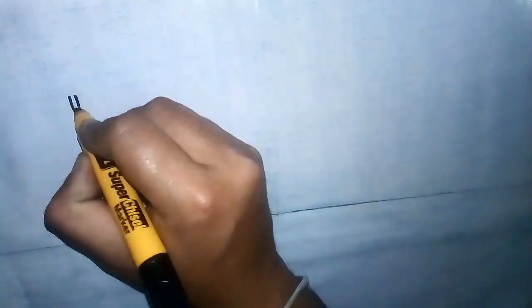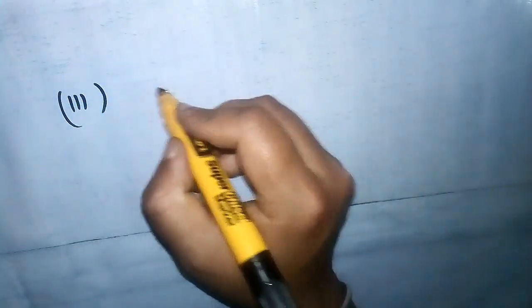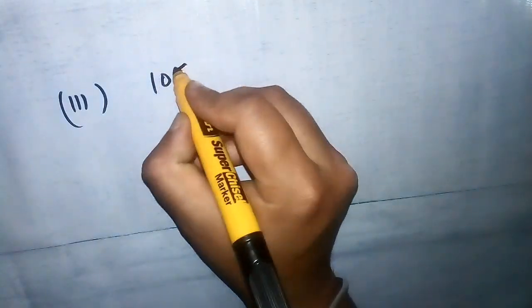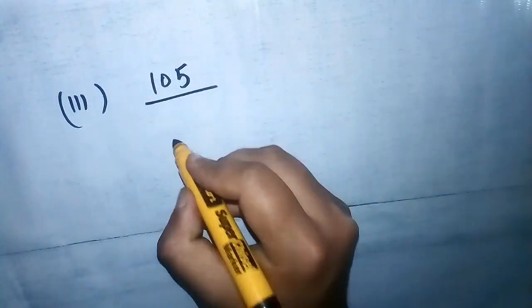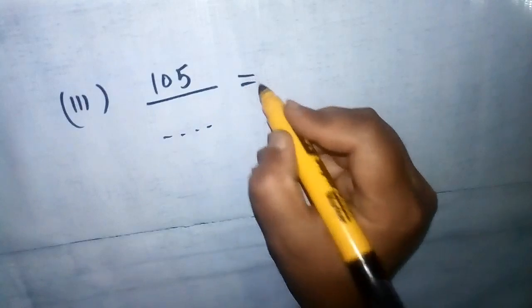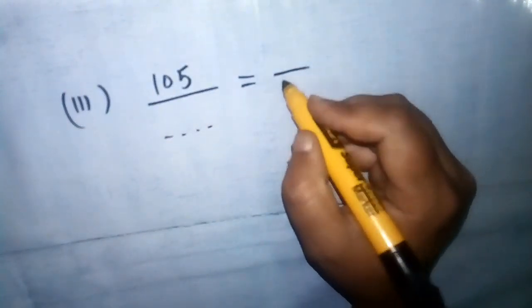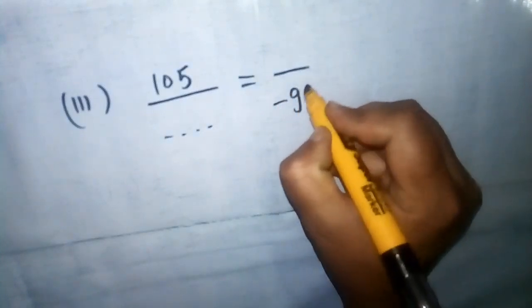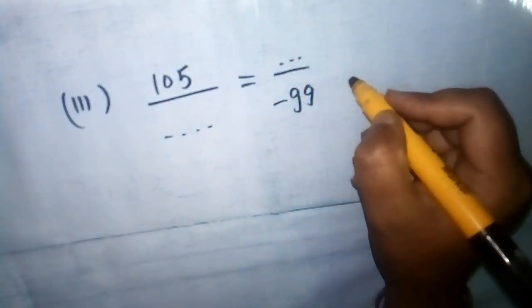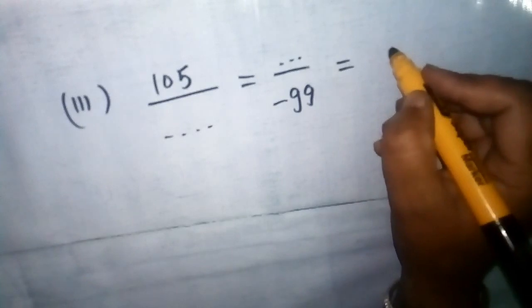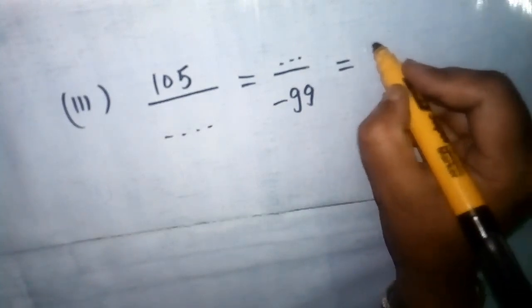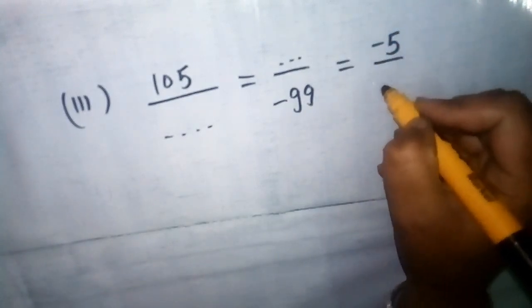Now let us see one more part of this, that is the third part, and it equals to 105 upon blank equals to blank upon minus 99, blank is in the numerator, equals to minus 5 upon minus 11.